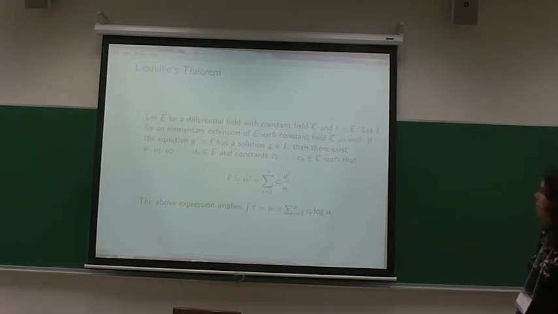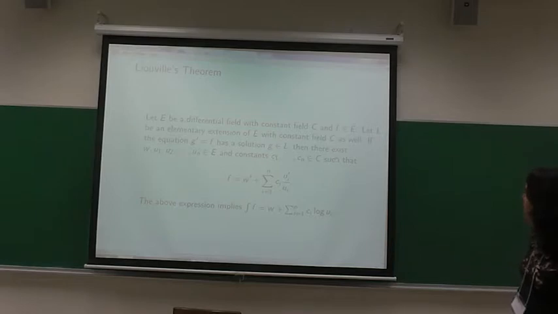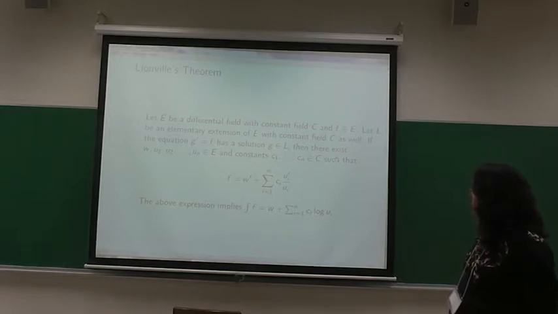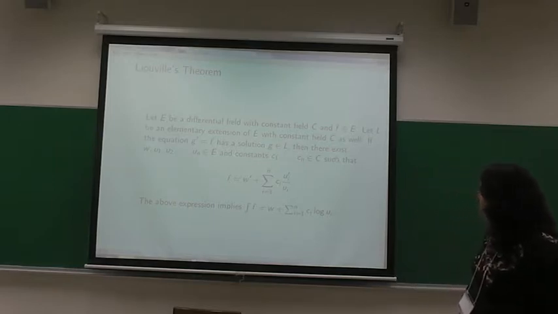So if E is a differential field with constant field C, and F is an element of E, let L be an elementary extension of E with constant field C as well. If the equation G prime equal F has a solution G in L, then there exist W, U1, U2, to Un in E, and constants C1 to Cn in C, such that F is W prime plus the sum of Ci times the logarithmic derivatives of the Ui's.